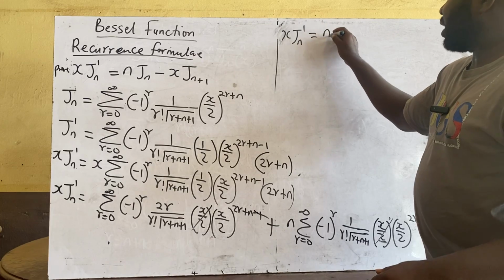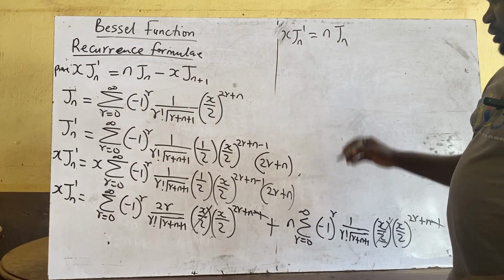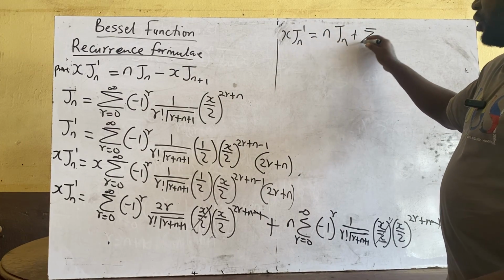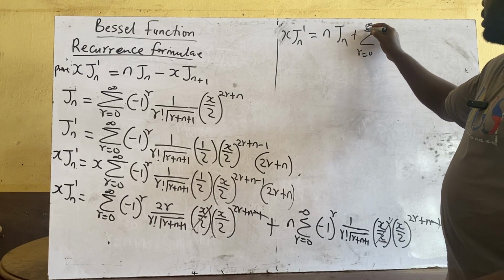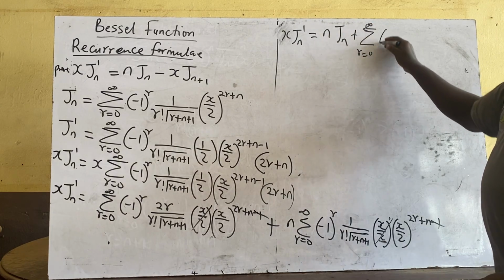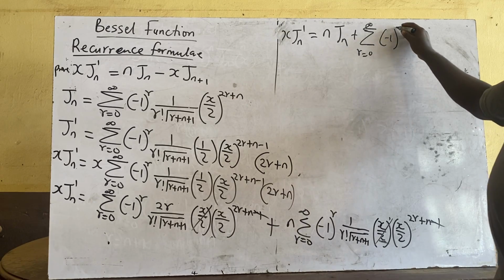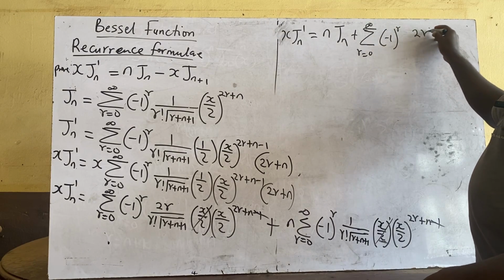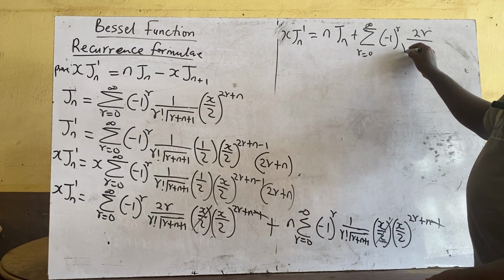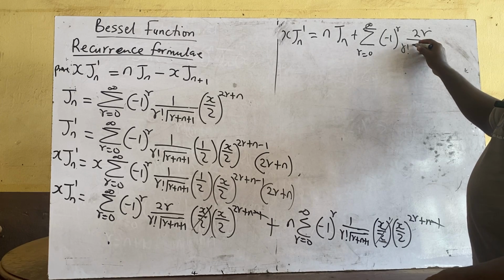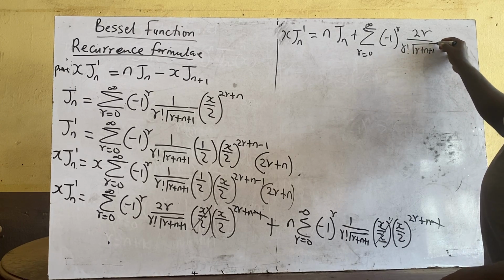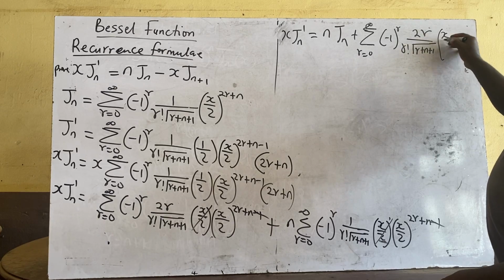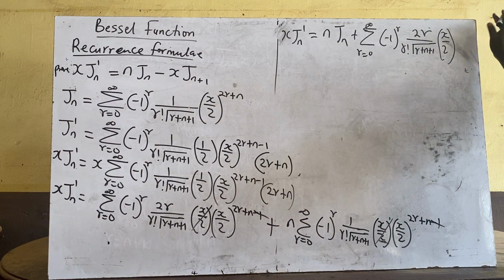Now this one means n J_n, then plus the summation of r starting from 0 to infinity of minus 1 raised to power r, then 2r on top all over r factorial, gamma function of r plus n plus 1, then x over 2 raised to power 2r plus n.